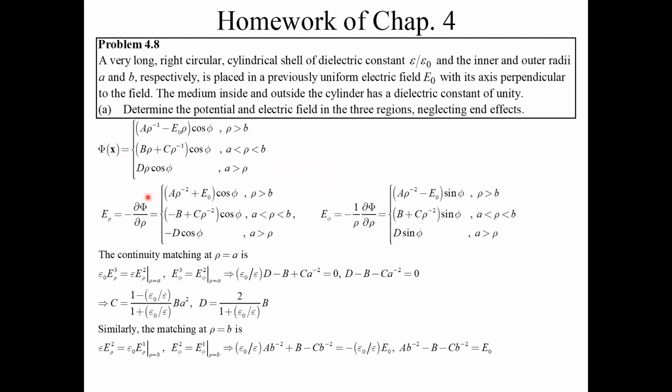And next we find the electric field in the rho direction and phi direction here. And next we continue. We keep matching our boundary to check the continuity at rho equals a and rho equals b. We have another coefficient relation here.